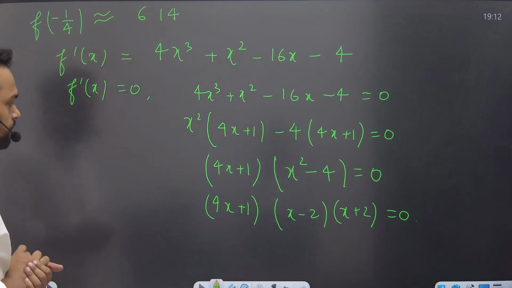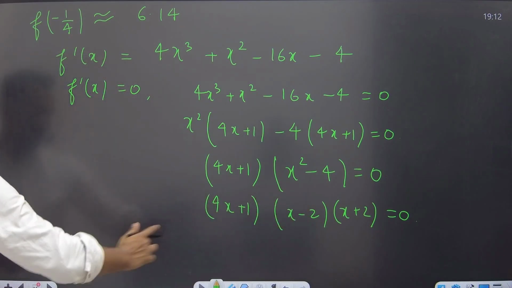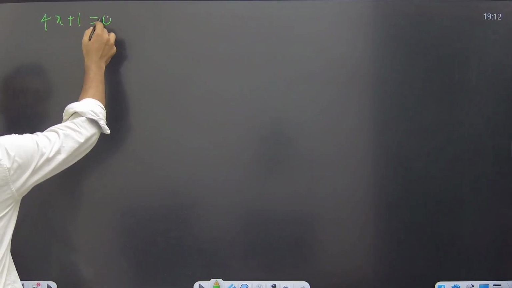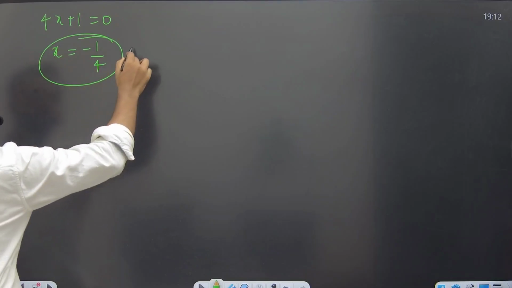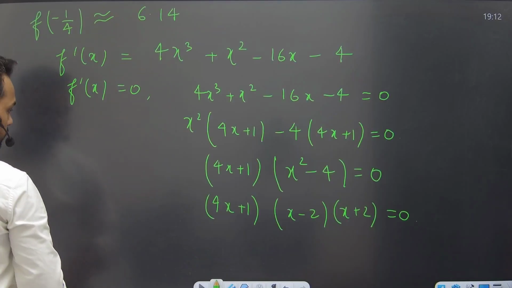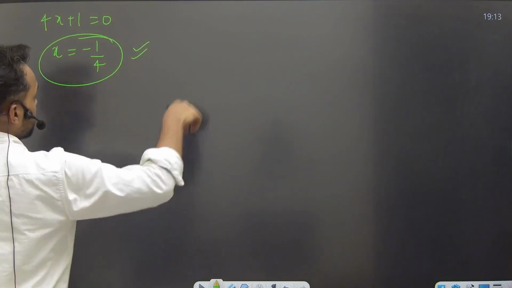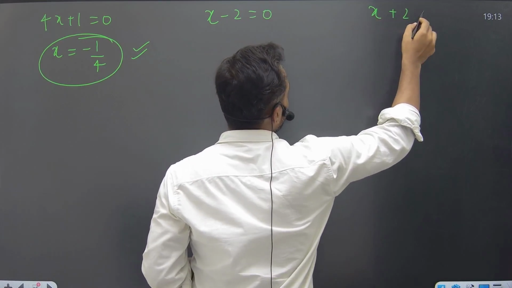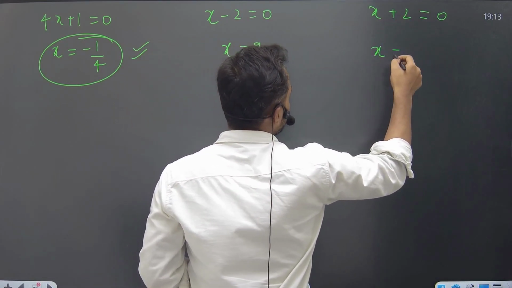Now see here, for finding the critical points, student, first we need to operate 4x plus 1 equals 0. So from here you will get x equals negative 1 by 4 as per the question. It was given in the question, students. Now next is x negative 2 and x positive 2. So for x negative 2 it will be 0, and x positive 2 it will be 0. So from here you will get x equals 2 and x equals negative 2.